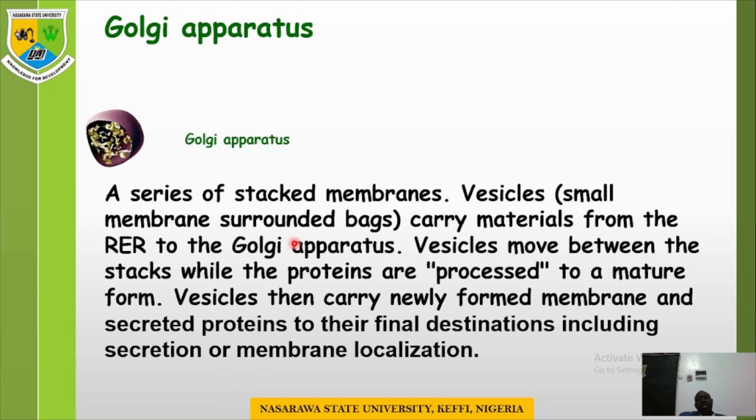Golgi apparatus is the press whereby when you produce your protein, it will be processed to ensure that the protein is okay. After protein synthesis, it will be processed in the Golgi apparatus. Then it will be secreted to the final destination.